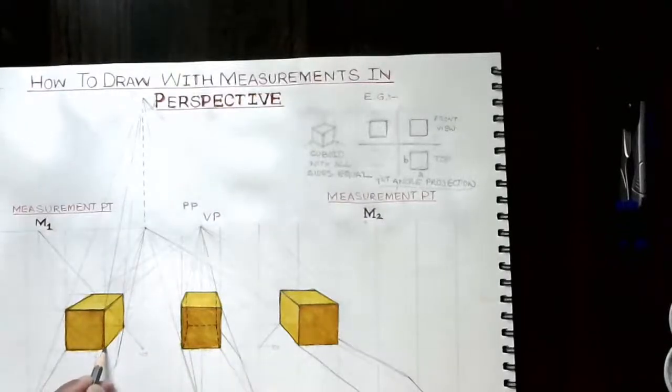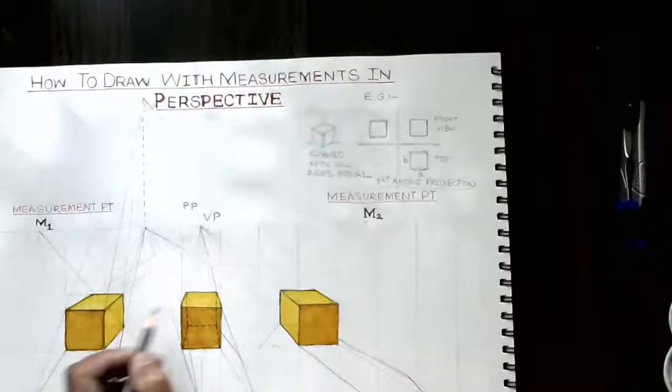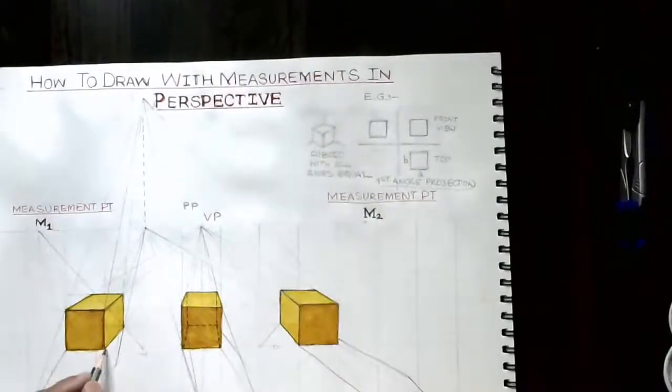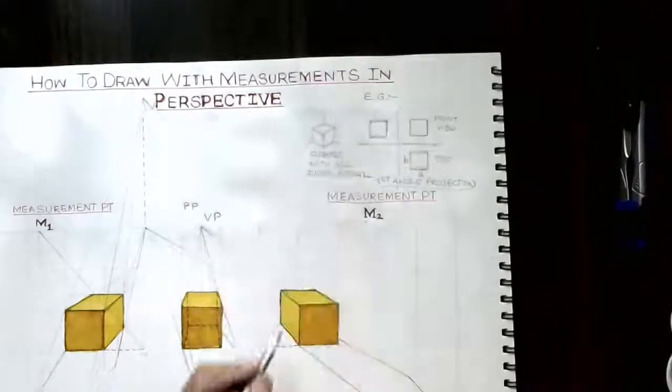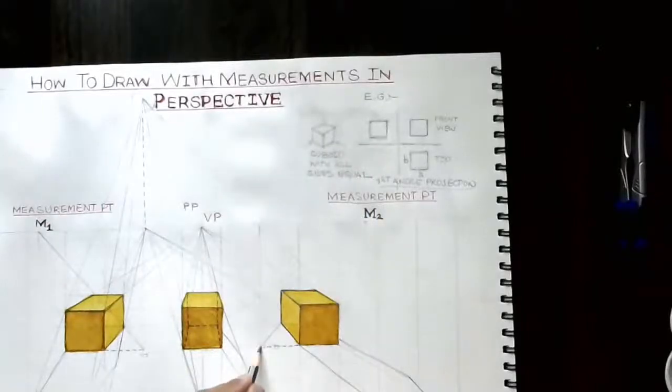First we see here how much the side view is. On this straight line we plot the side view, exactly what it is.